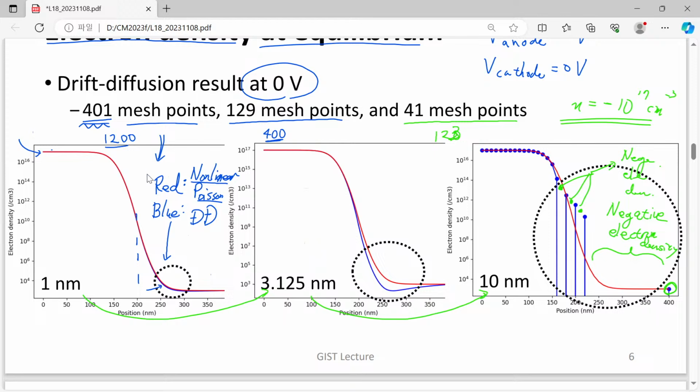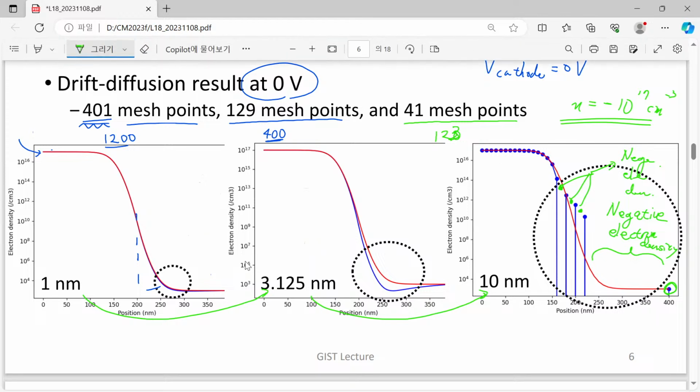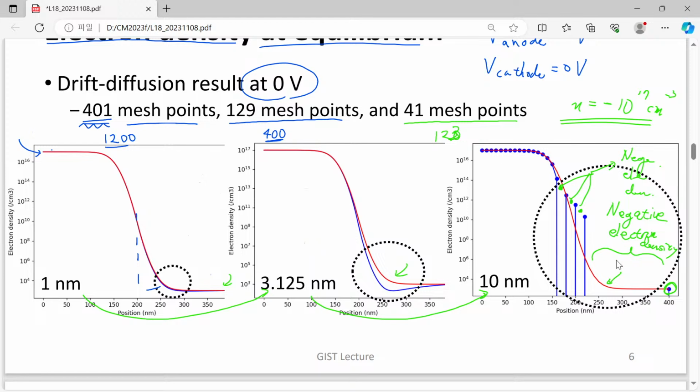That is quite in contrast to our nonlinear Poisson equation. In our nonlinear Poisson equation, this curve, and this curve, reacts correctly even when we have a quite coarse grid.